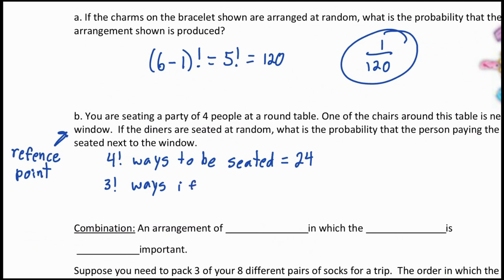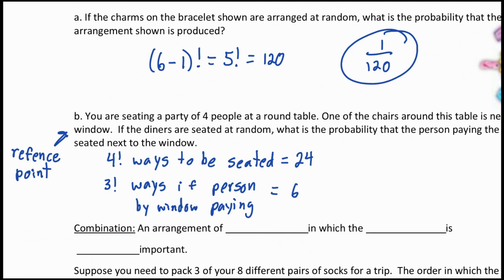If I sat that person by the window and they're paying, how many ways is that? 6. Okay.